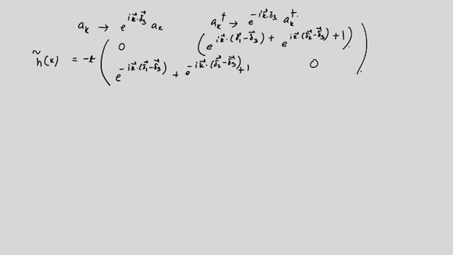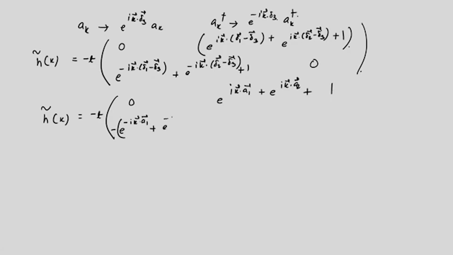Just for simplicity, we put in delta 1, delta 2 and delta 3, and then one gets h tilde of k to be minus t times a matrix with 0, then exponential i k·a1 plus exponential i k·a2 plus 1, and the conjugate term, exponential minus i k·a1 plus exponential minus i k·a2 plus 1, and this is a 0.